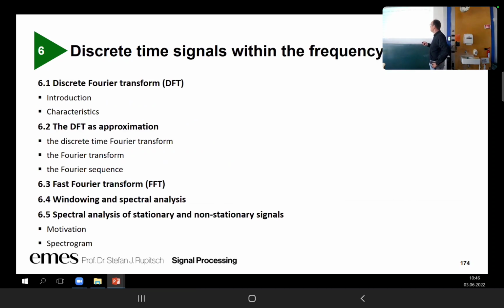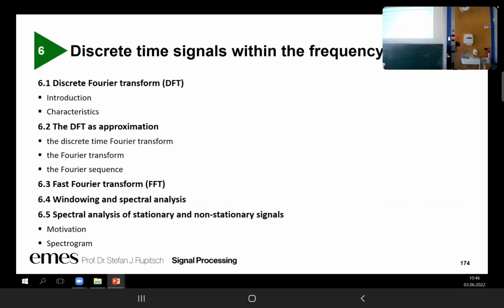We will start once again with the discrete Fourier transform, then use the DFT as an approximation for the discrete time Fourier transform and for the Fourier transform. Section 3 will not be possible today. We will do this in 2 weeks.